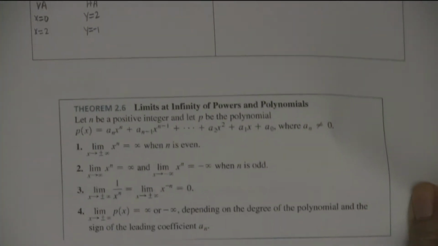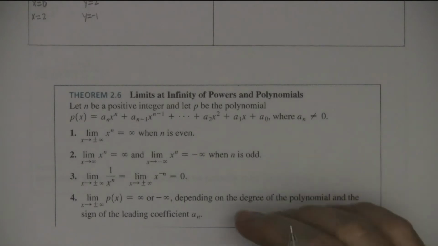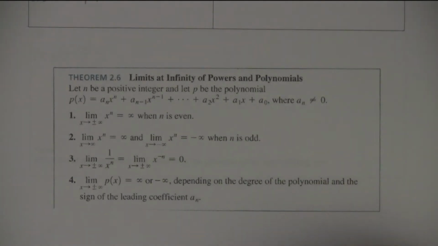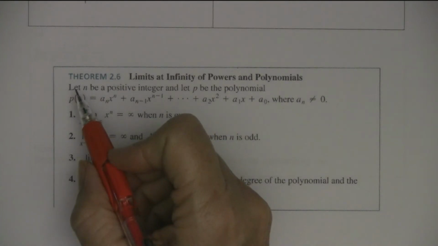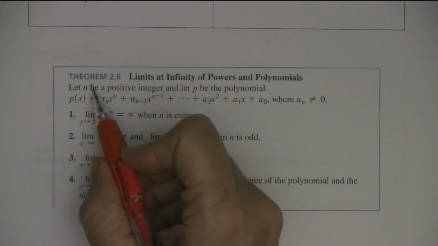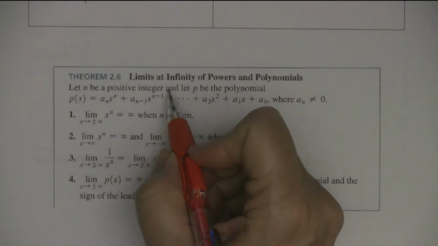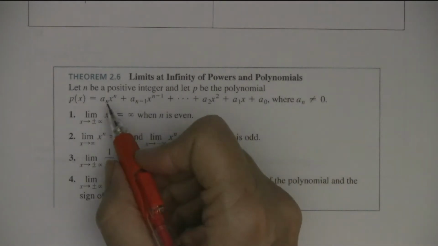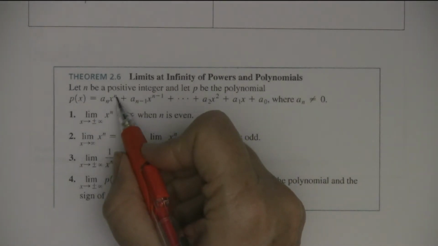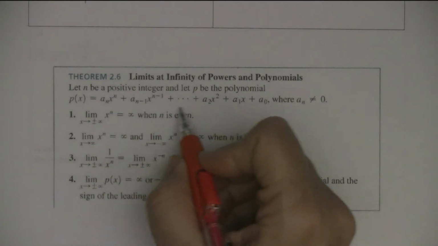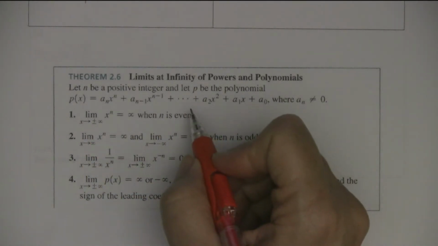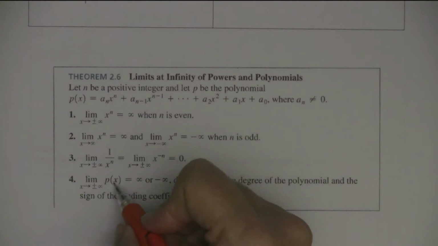Then they give you some rules for finding limits, and so we're going to look at these rules. They say that let n be a positive integer and let p be a polynomial. So we have this as a positive integer, and this is our polynomial. And that's going to be used for this one, isn't it?